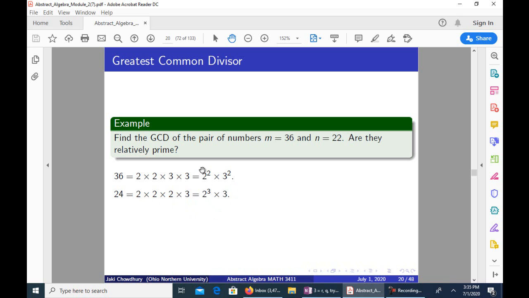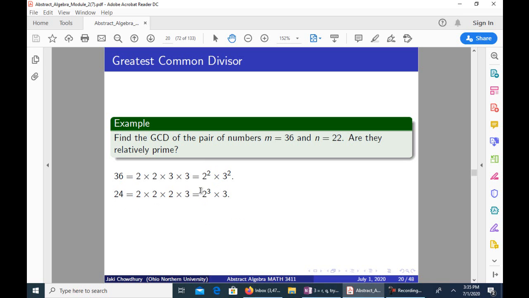One of the common factors here is powers of 2. We pick the smallest power of 2 because we want a common divisor. If we pick 2 cubed, notice that 2 cubed doesn't divide 36. But 2 squared divides both 36 and 24.